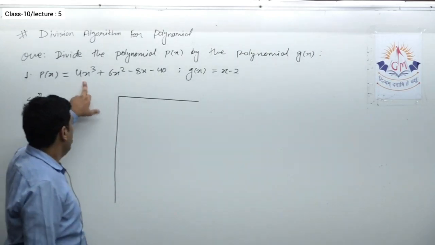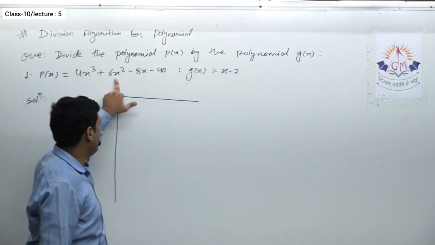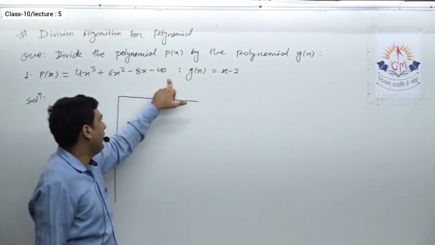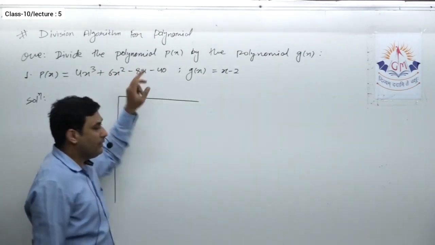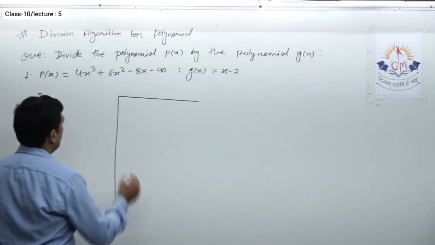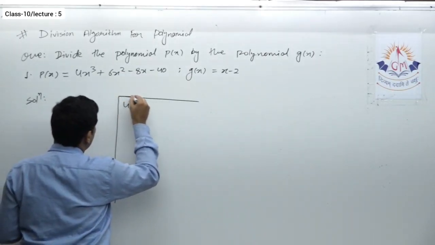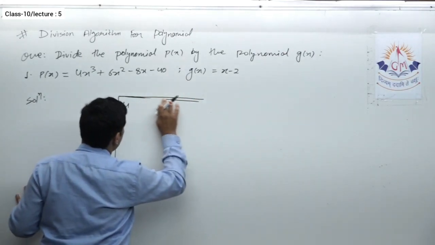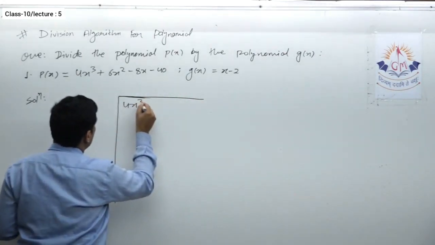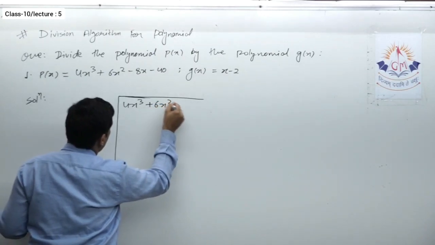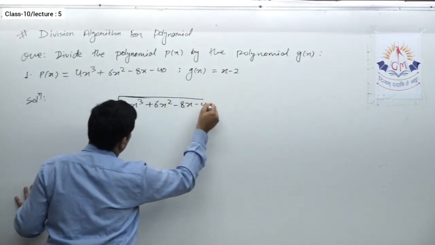For example, here first we have 4x cube, then 6x squared, then minus 8x, then minus 40. So the powers are already in decreasing order, so I'll take it as it is: 4x cube plus 6x square minus 8x minus 40.